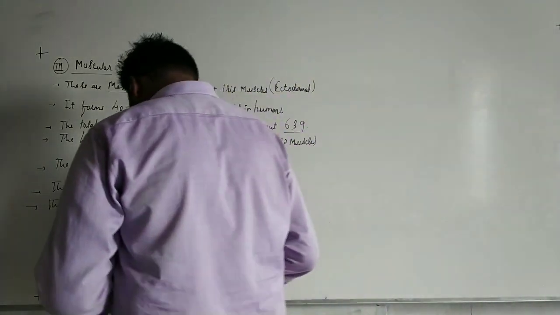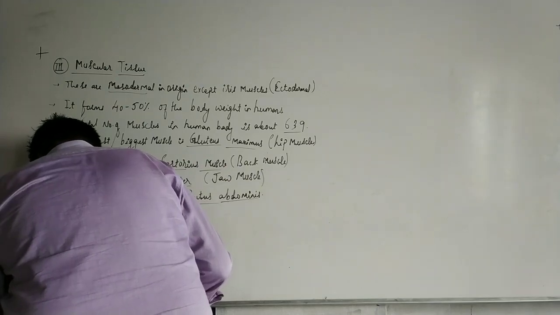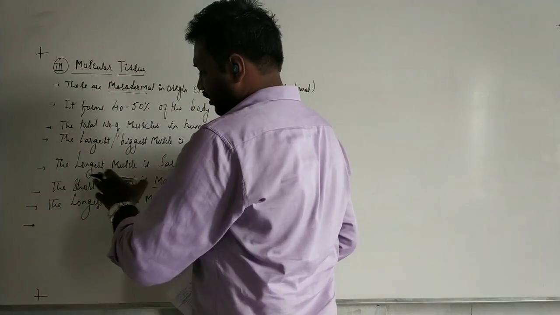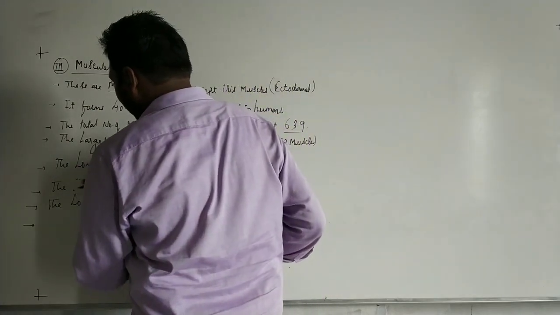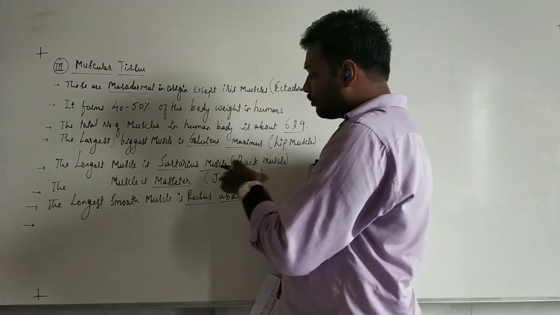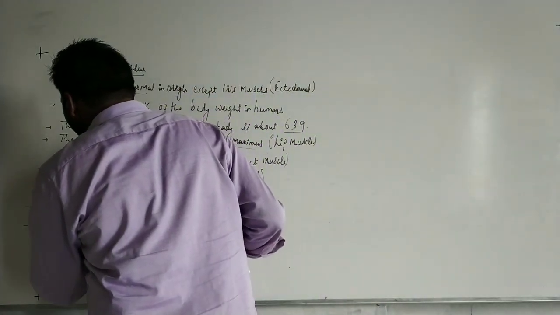The next, the shortest. Sorry, here it was not the shortest, it was strongest. The strongest muscle in the human body is the jaw muscle.